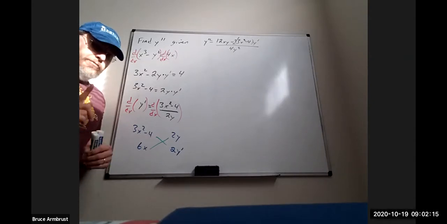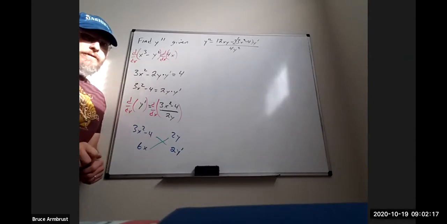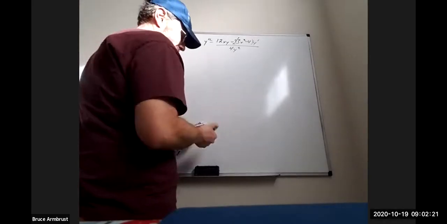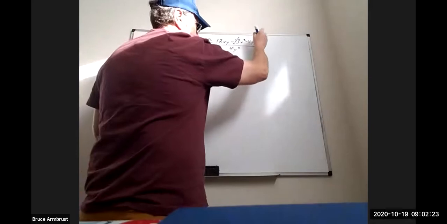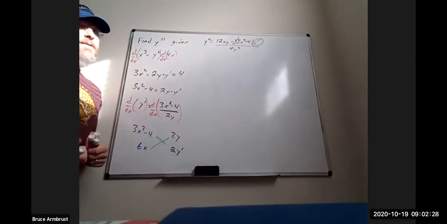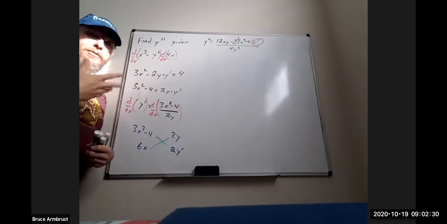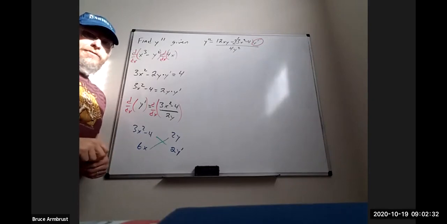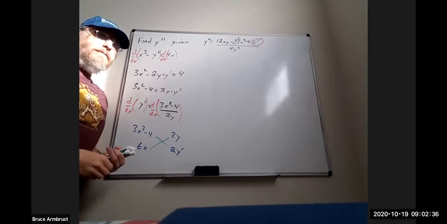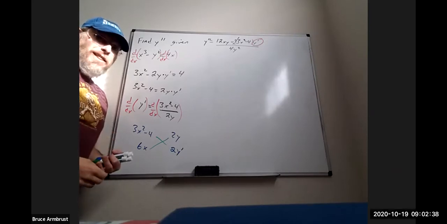All right, now there's one more thing we're going to take care of. And that's this guy right here. Because in our formula for the second derivative is a first derivative. We don't really want that there.